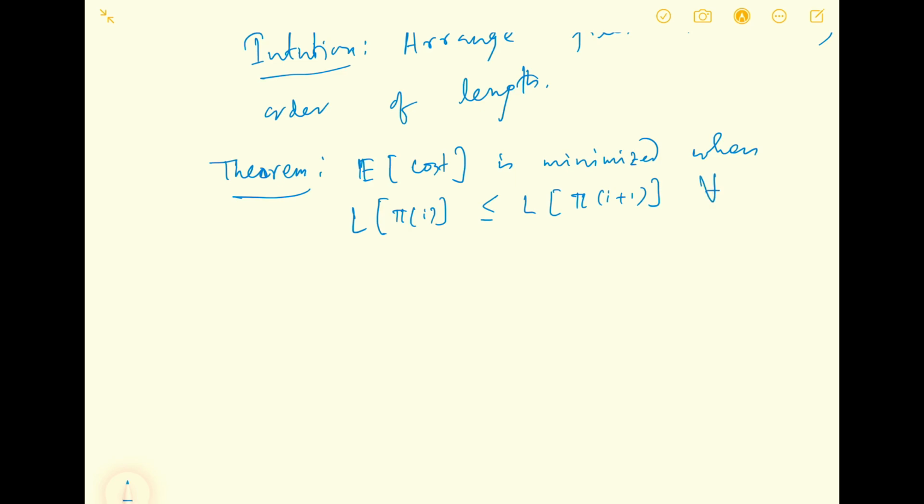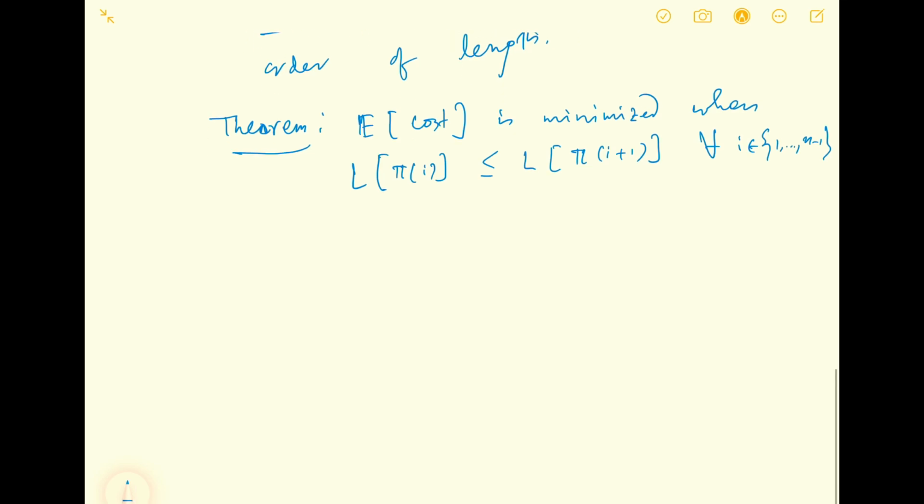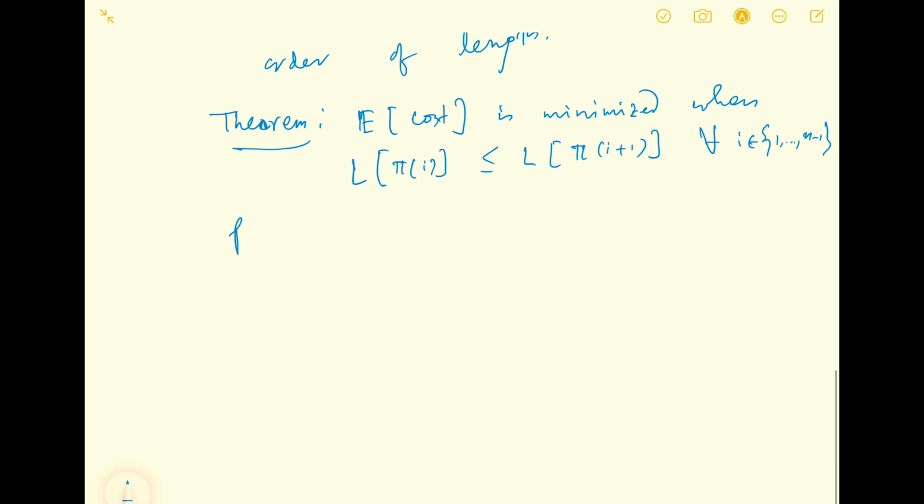This is for all i in 1 to n minus 1. Proofs of optimality of greedy algorithms are often done by contradiction. So here also we will do it by contradiction.